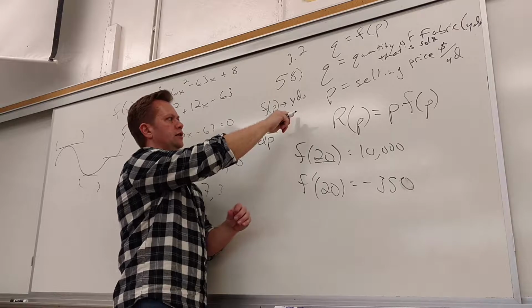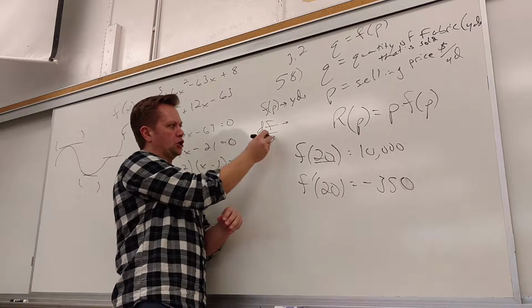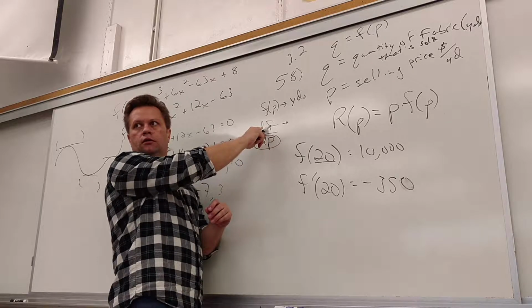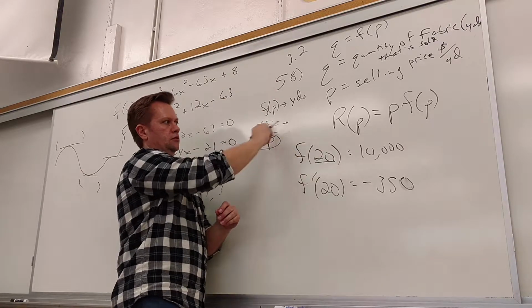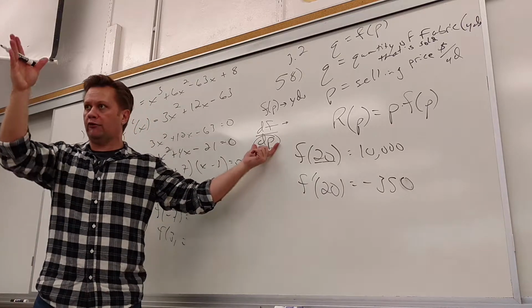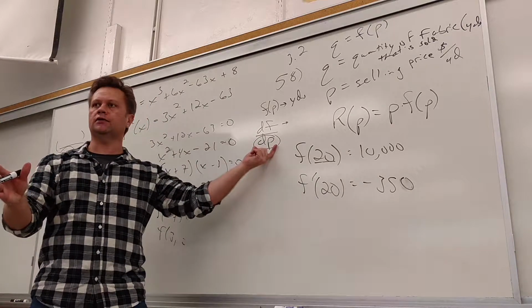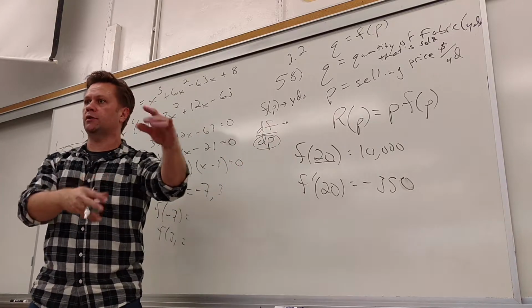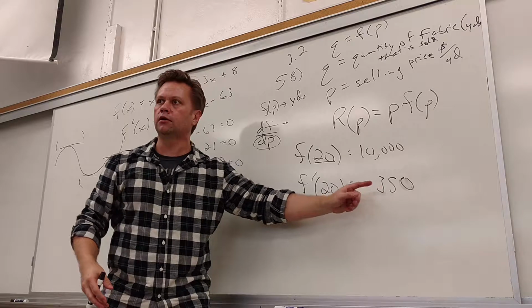So as I change my price per yard, this tells me how F, the yards, the amount that I'm going to sell, is going to change by something. And so what does this negative 350 mean?